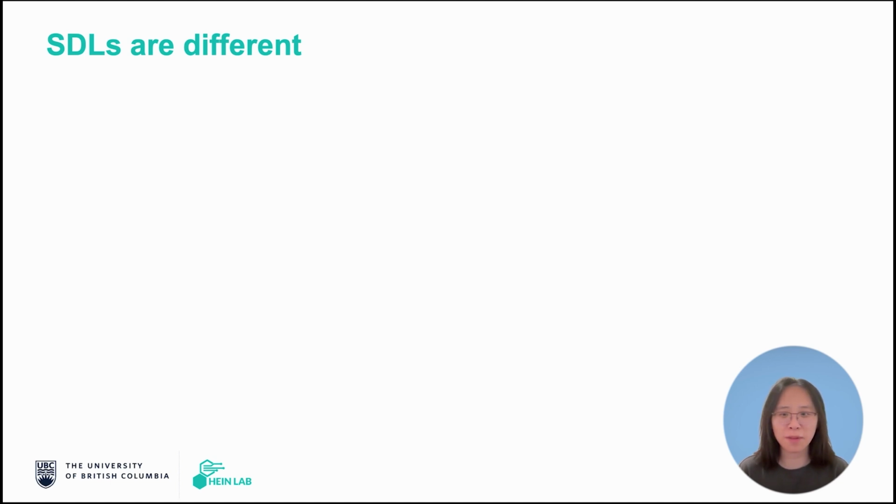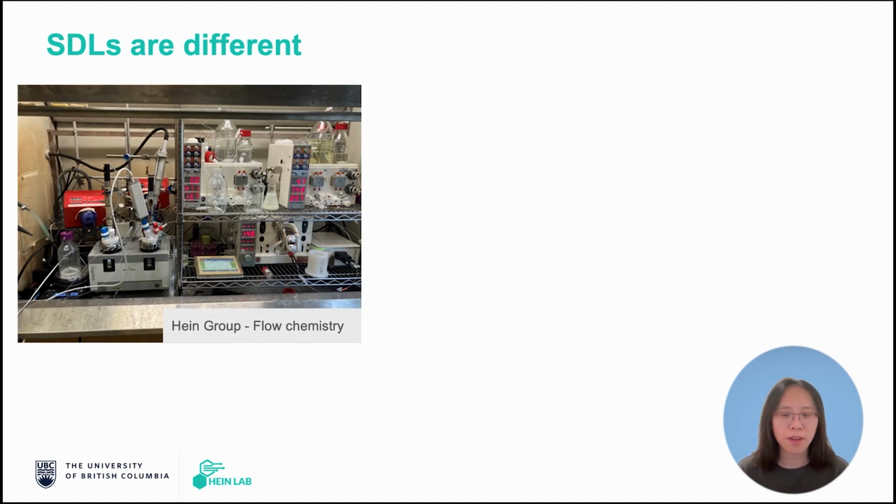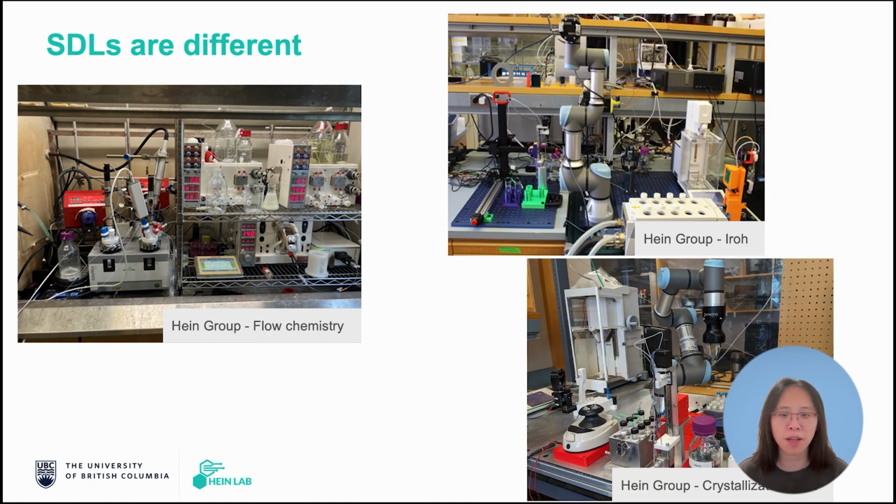So, in general, developing interoperable software for self-driving labs is very challenging because, as you can see, every SDL is different. For example, here we have a full chemistry system, we have two robotic arm central platforms. The top one is designed for kinetic studies, and the bottom one is for studying crystallization solubilities.